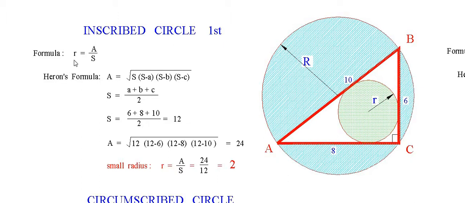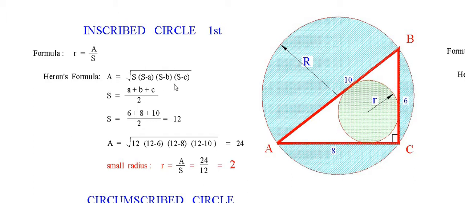The formula is r is equal to the area of the triangle divided by s, where s is a plus b plus c, the sides of the triangle, divided by 2.